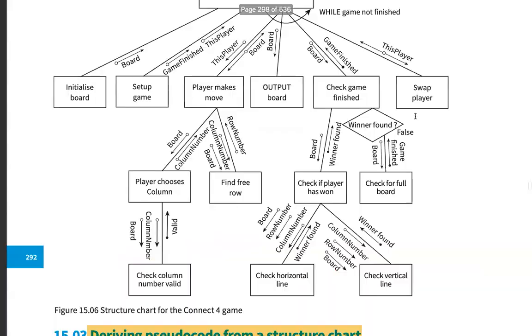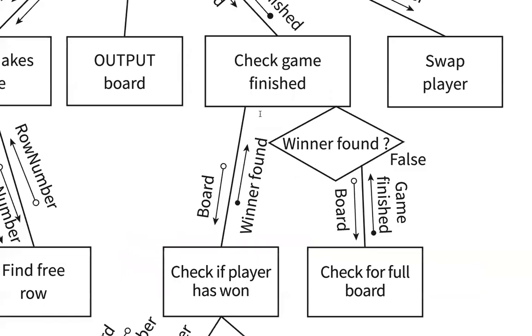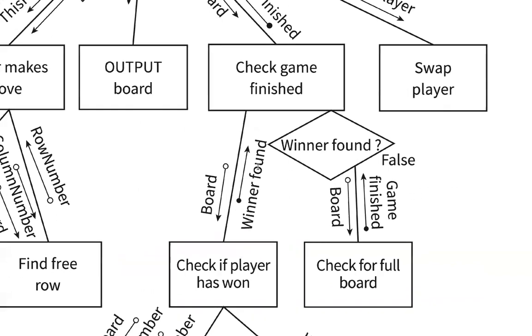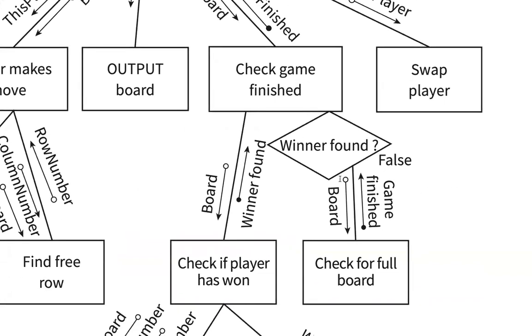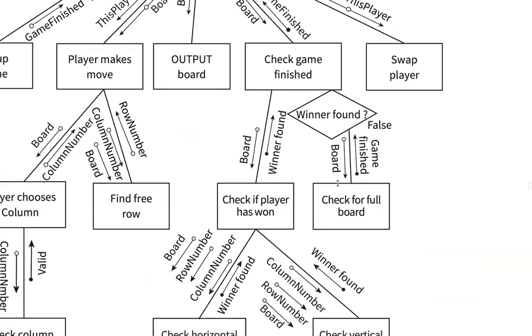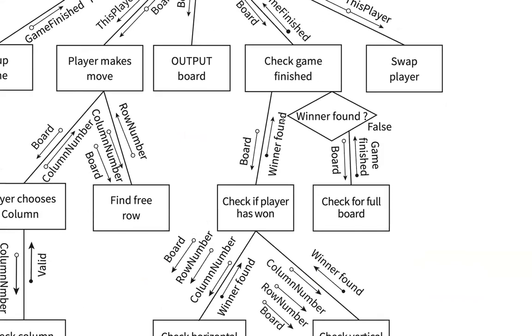Apart from that, we can also do a third thing. We can also represent the decision. Basically, this means that I can choose between two different paths, two different subroutines. So for example, let's say I have this decision table here. If the winner is found true, then I will run this. If not, then I will run this.